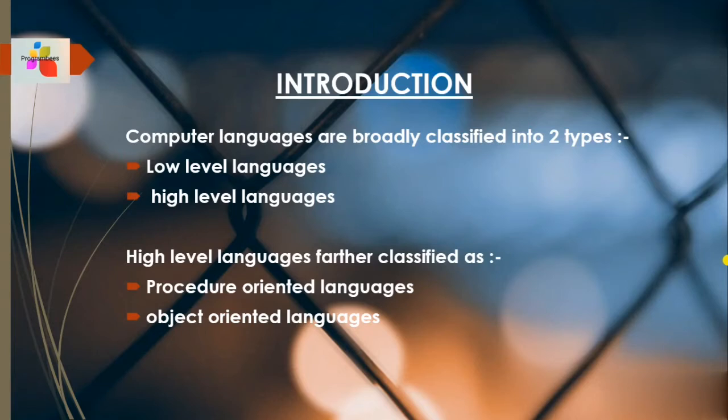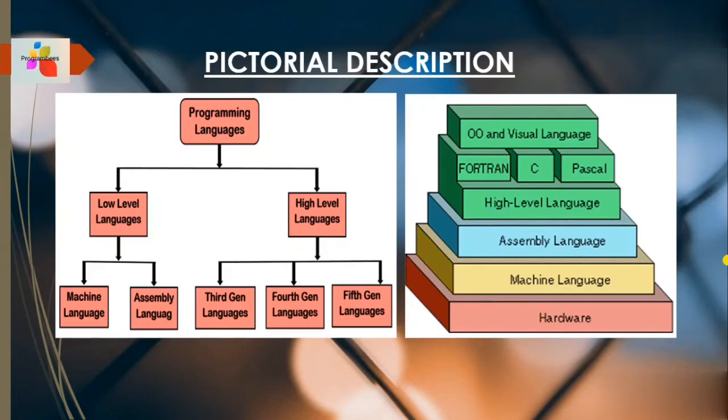The next picture, that is the pictorial representation, shows you the division of programming language. In the first picture, you can see that programming languages are divided into lower level language and higher level language. As I told you before, the lower level languages are machine level language and assembly level language. In the second picture, the hardware that is in the base consists of machine level language and assembly level language.